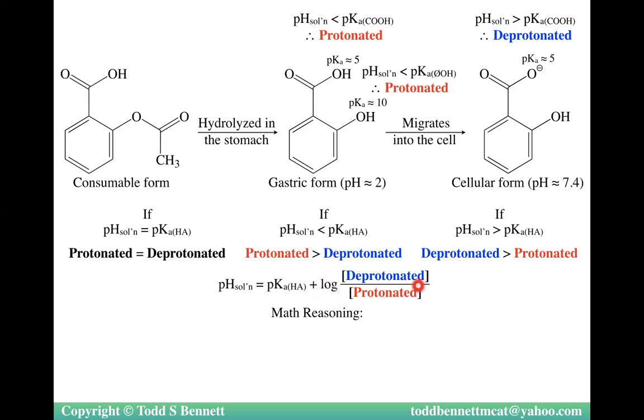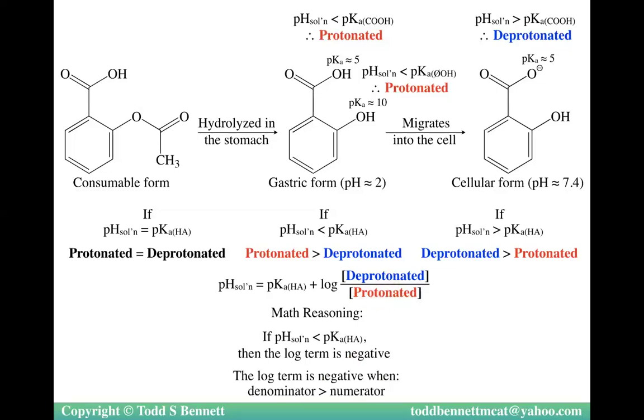This number can only be negative if the denominator is bigger than the numerator. So if the log term is negative, so pH less than this, then it must have a larger denominator than numerator. So protonated must be bigger than deprotonated, which means, once again, this confirms pH is less, it's mostly protonated.